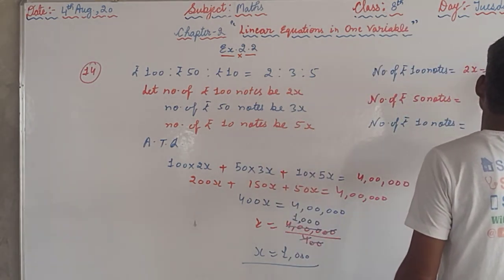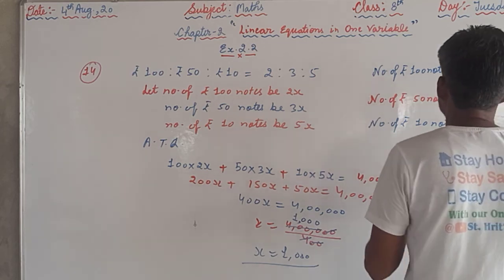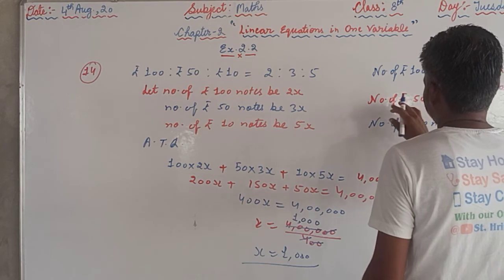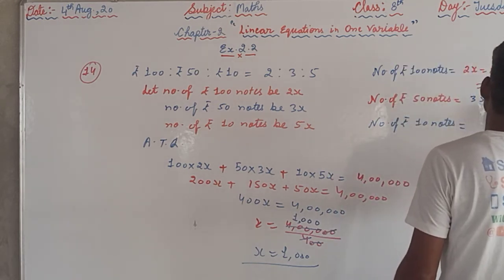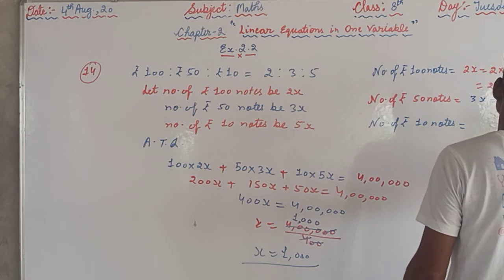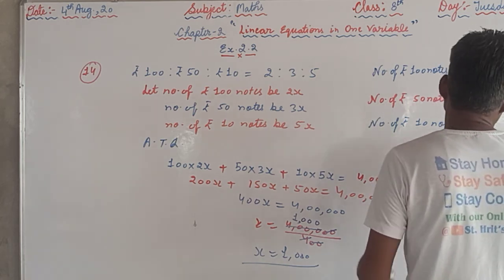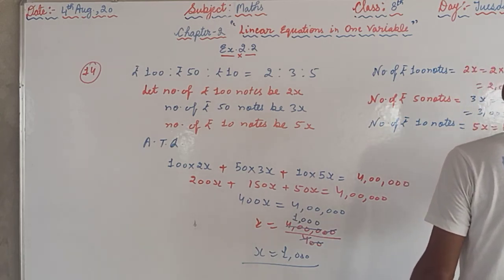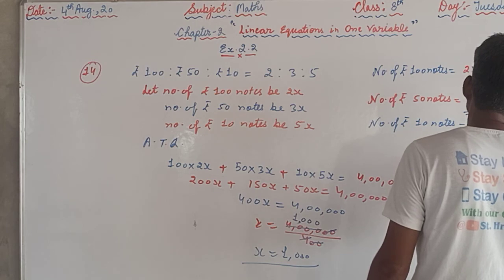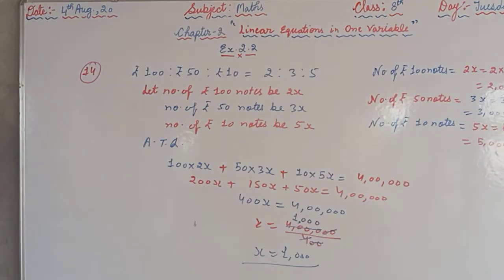That is 1000, so it will become 2000 notes. And about the 50 rupees note, that was 3x, that will be 3 into 1000, that will be 3000, and number of 10 rupees notes were 5x, means 5 into 1000, that is 5000. That is the answer of this question, question number 14.